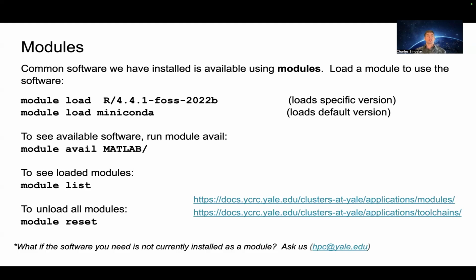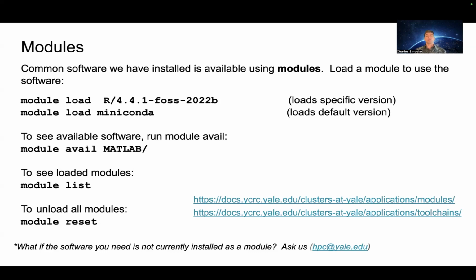To facilitate running software in this situation, we use a system called the module system, where we have pre-set up thousands of commonly used software packages such that you can run them without having to worry about the type of hardware that you have, and so on.